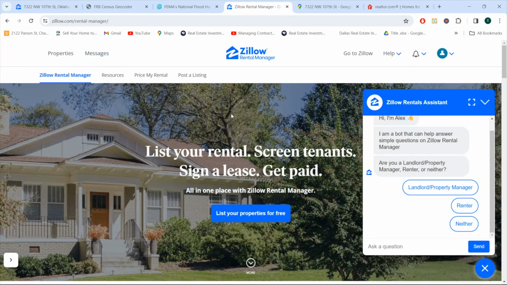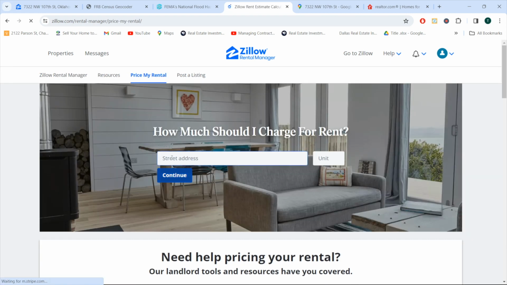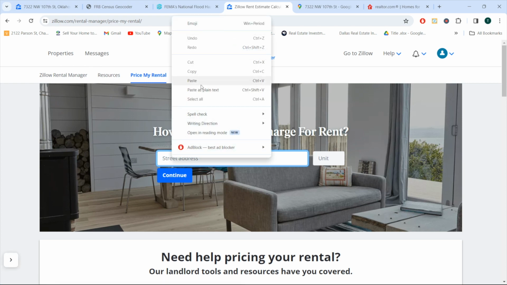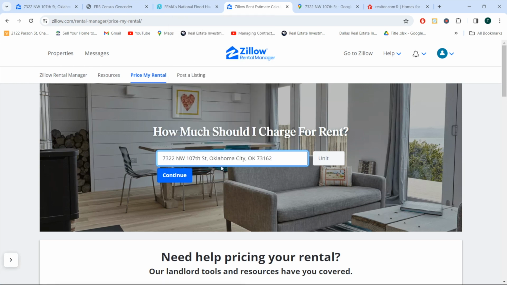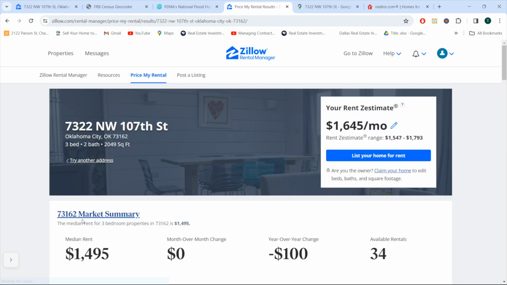The next thing I want to do is see how much this property would rent for. Okay, so I'm going to go to Price My Rental. I'm going to put that address in there, and I want to see how much this property would rent for.